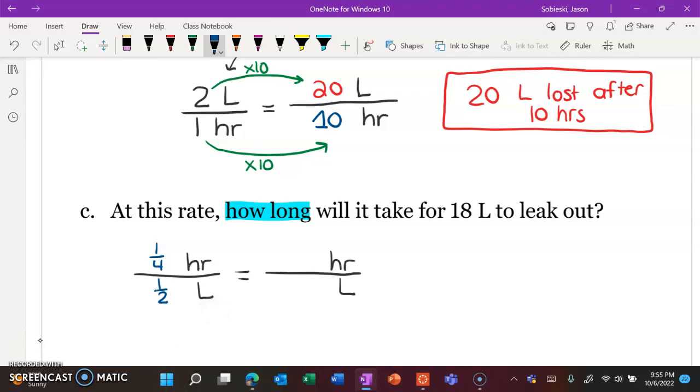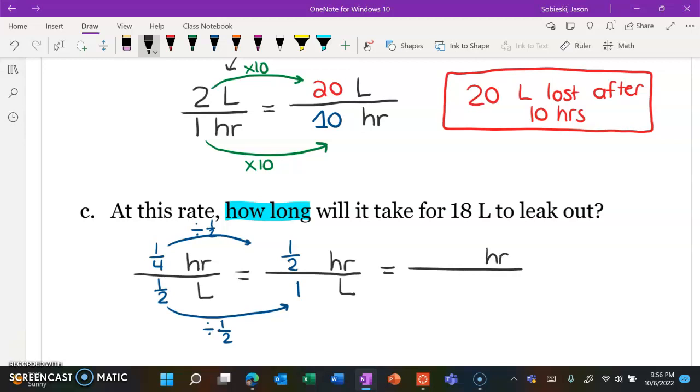And then we're going to do the same step where we figure out, well, how long will it take us to lose 1 full liter? So we're going to divide by a half. So for 1 full liter, it would take us a half hour. And then we're actually going to do 3 fractions for this one so we can get our final answer.